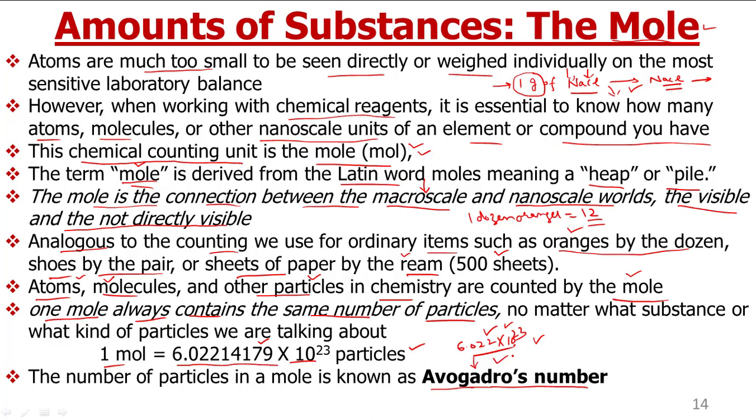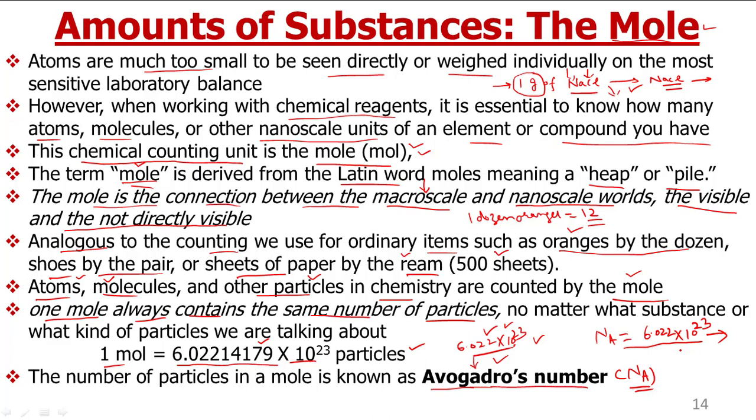This is called Avogadro number, and we denote it by N A. So Avogadro number, or 1 mole, is a number which has a value of 6.022 into 10 raised to the power 23, and this is the same.